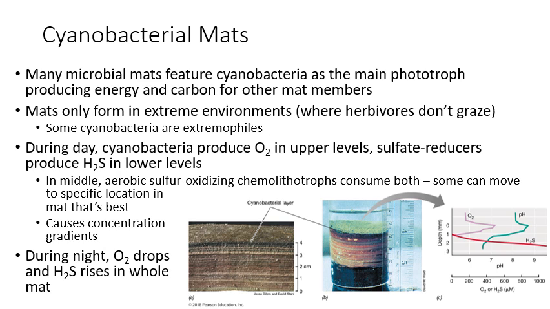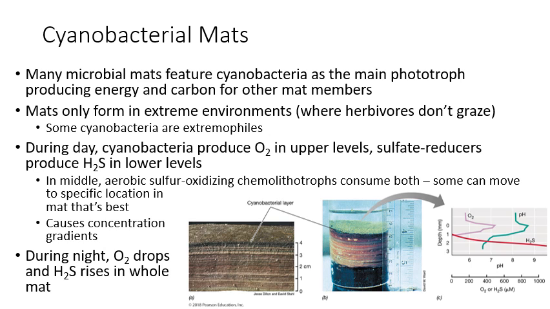Then during the nighttime, the situation is going to change. You don't have photosynthesis happening at night, so oxygen is no longer being produced in the upper levels of the mat. So you're going to have low oxygen throughout the mat during the night. Hydrogen sulfide, on the other hand, is going to rise in concentration throughout the whole mat. At the bottom, your sulfate reducers are still carrying on with their metabolism, producing hydrogen sulfide.